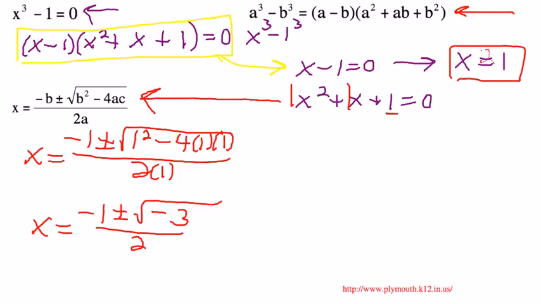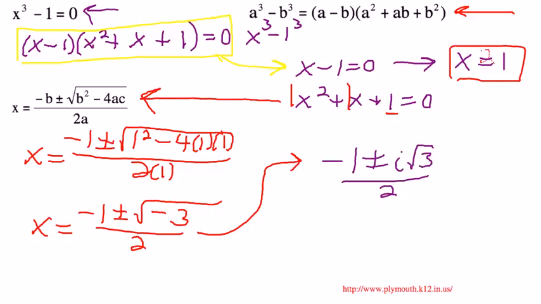And then I can factor a negative out of the square root. I guess you could call it factoring. And I do that by putting an i out in front. So I get plus or minus i root 3 over 2. And then our book would like our final answer to be in the form a plus bi.